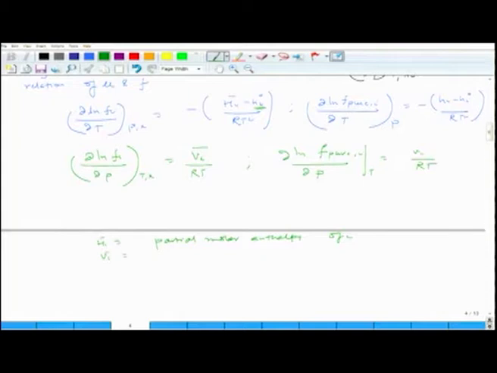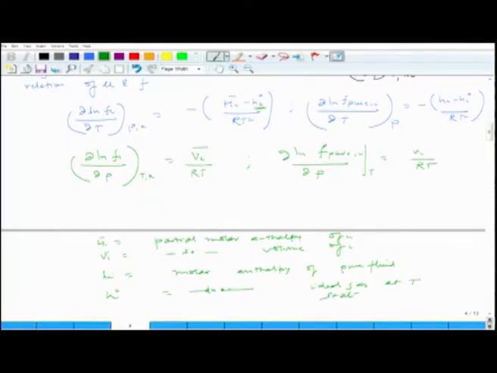Similarly, Vi bar is partial volume of i, and small Hi is molar enthalpy of pure fluid, and Hi 0 or Vi 0 is basically molar enthalpy of an ideal gas or reference state at T. Okay, ideal gas state at T.